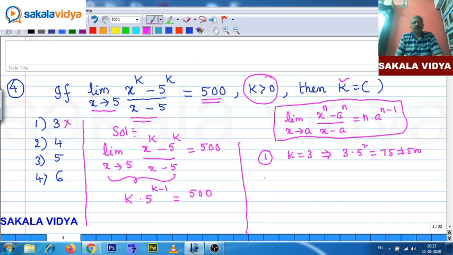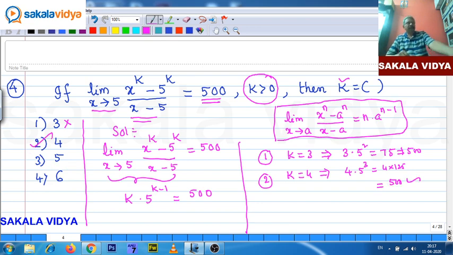Now second option, k is equal to 4. So, now 4 into 5 cube, that is 4 into 125, that is 500. Yes. So, that means second option is the right option. Right. Thank you.